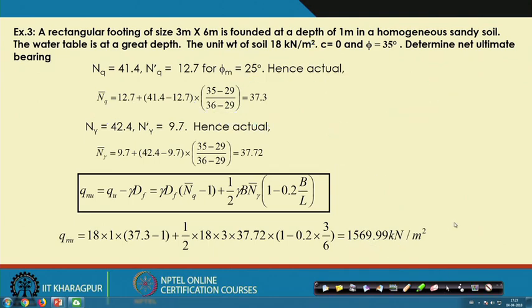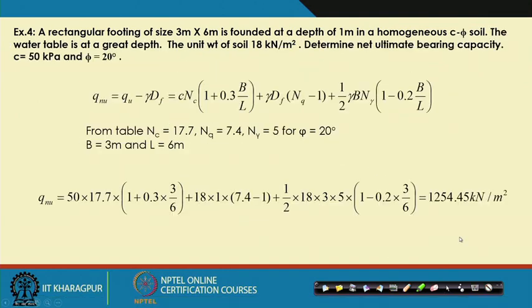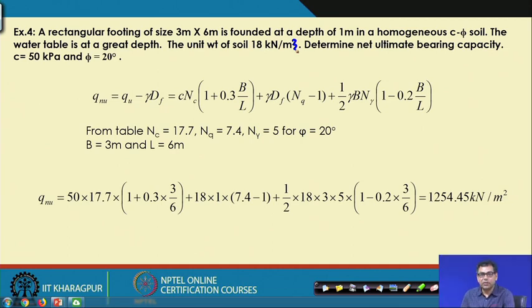If you look at this problem, it is the same problem we are taking. So, if your phi value is 20 degrees, but there is a C also. As I mentioned, if it is a C phi soil, then the phi value alone will not indicate whether it will be a local shear failure or general shear failure. In that case, you have to go for the stress strain curve, and I have already discussed how you get this value.